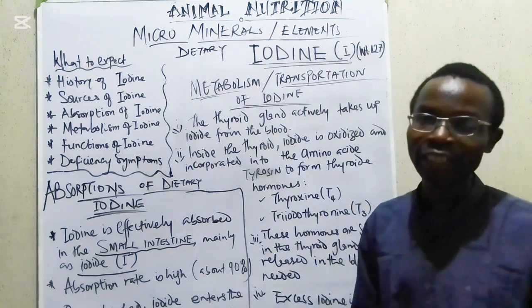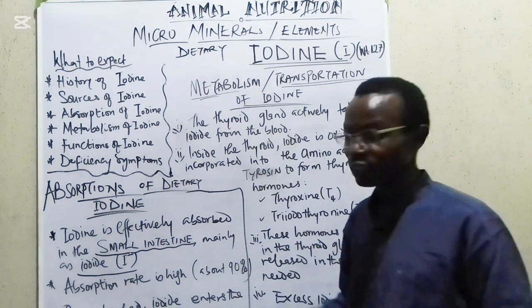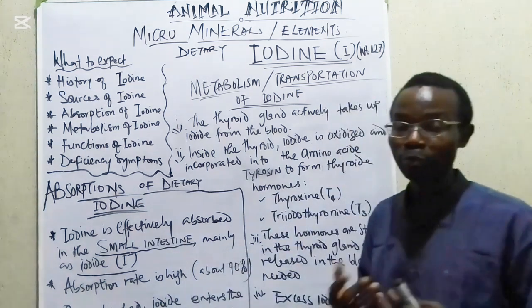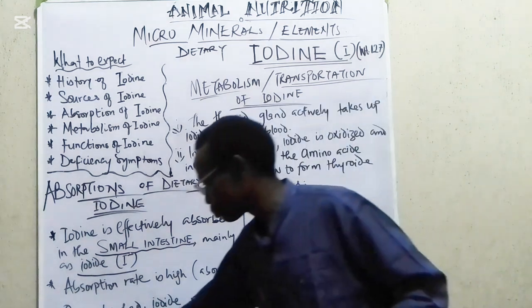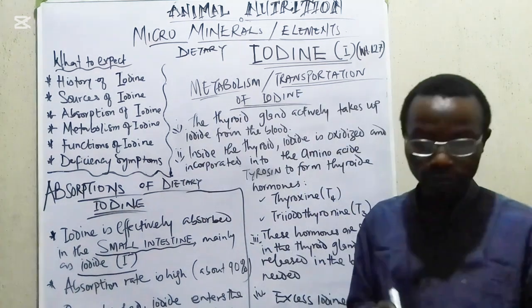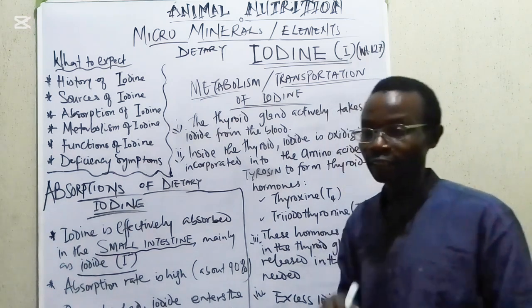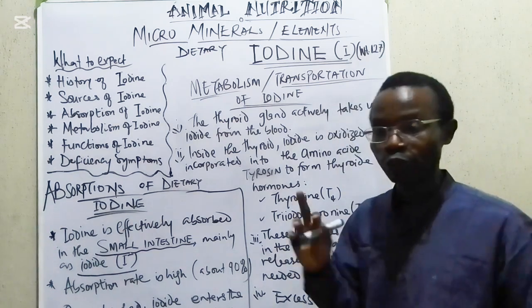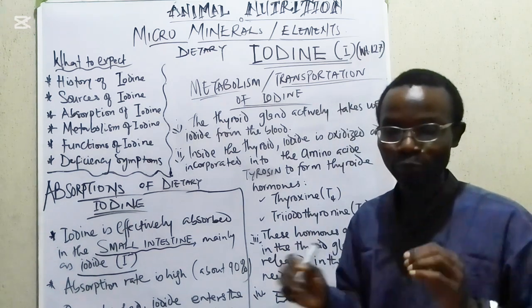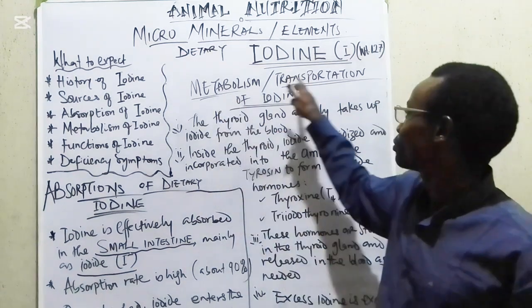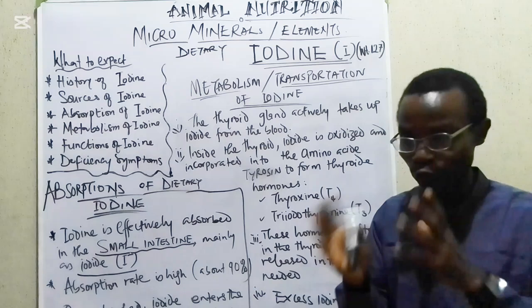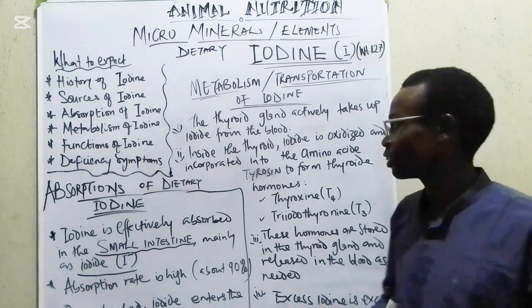The thyroid gland is where iodine does the major part of its work, because it's in the thyroid gland that there's the production of certain hormones that regulate the body temperature and many other metabolic processes. So I'm going to take both metabolism and transportation of iodine at the same time, concurrently.